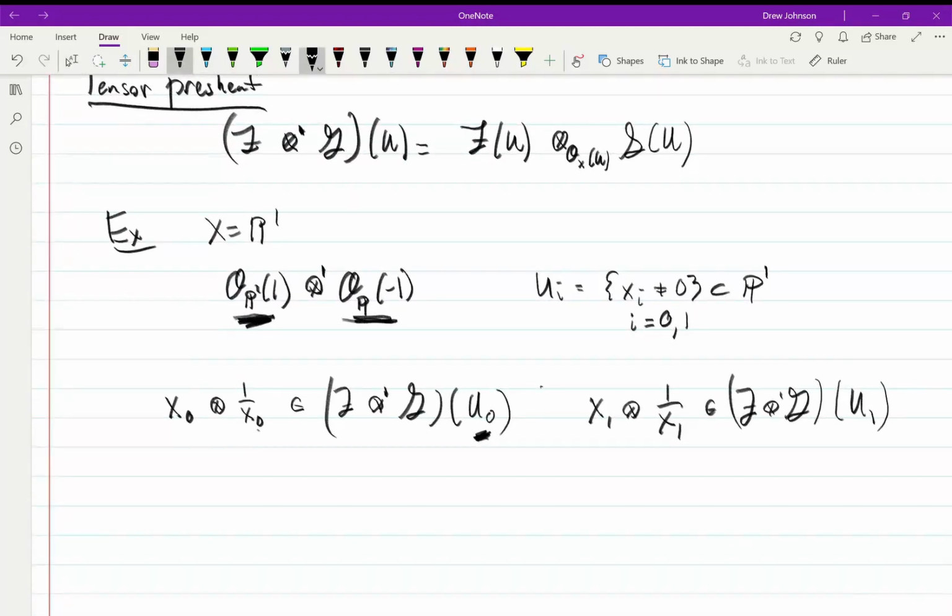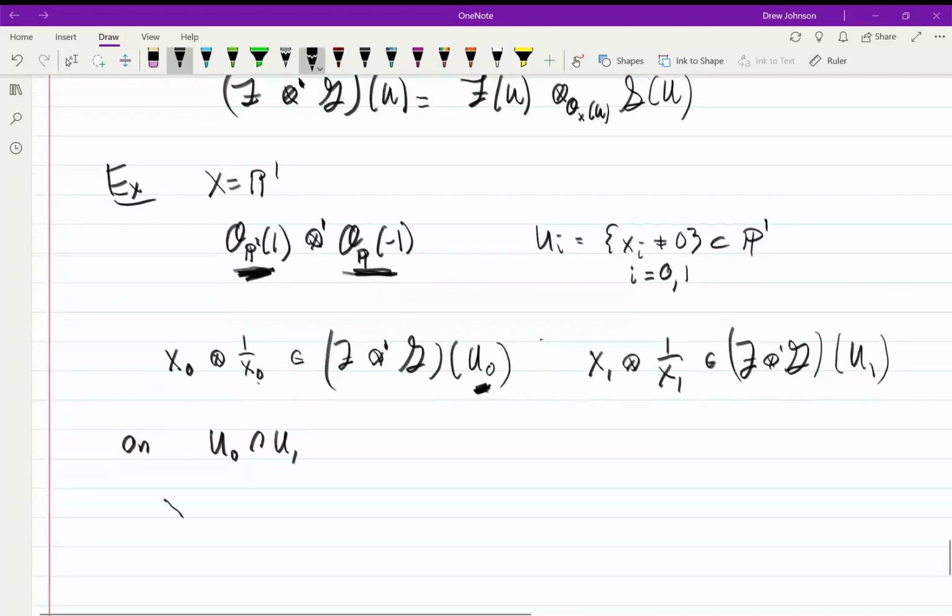So let's look at the overlap. U0 intersect U1, then we'll have that x0 tensor 1 over x0 is equal to x1 over x0 times x0 tensor x0 over x1 times 1 over x0.